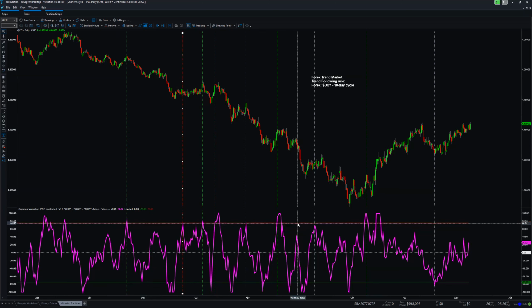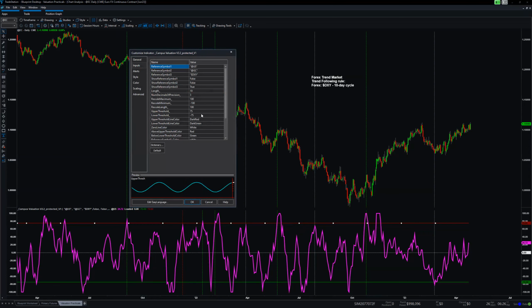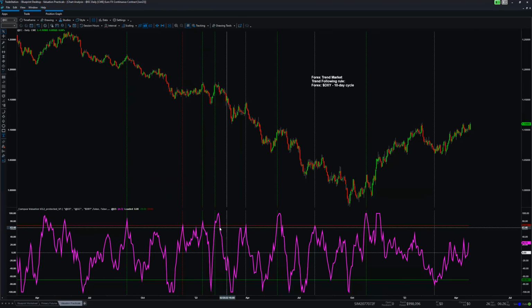then you can double click on the index and you can change the boundaries of the upper and the lower threshold. And that's where we could speak about 69 and minus 69. We're on a lot of Forex assets.